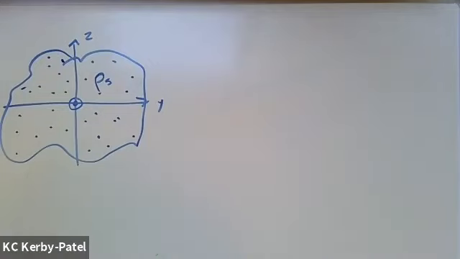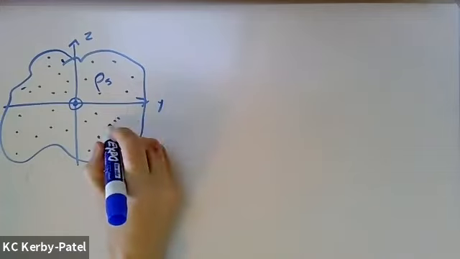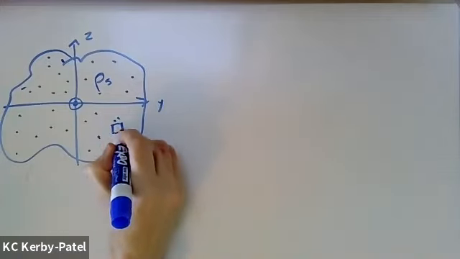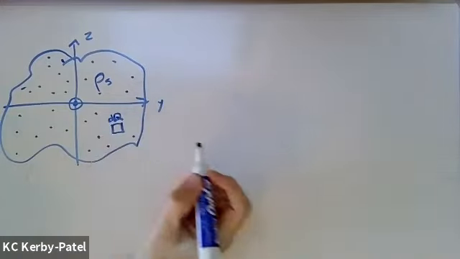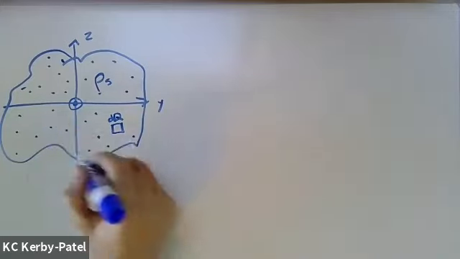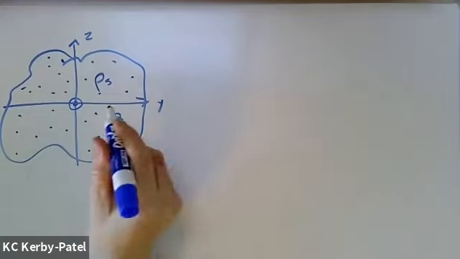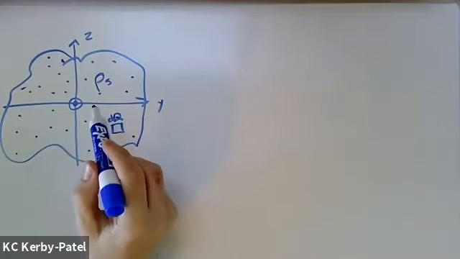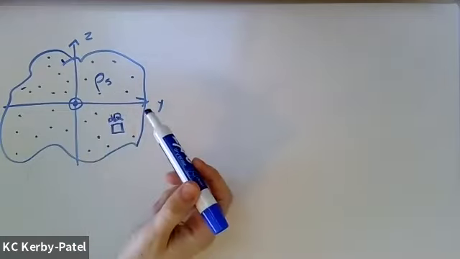The first thing I want to do in this situation is figure out what is the symmetry of the problem? How do I expect this problem to work out? What I'm observing is that for any location, dq, on this plane, I can choose a dq around it to cancel any vector component except for the x component.